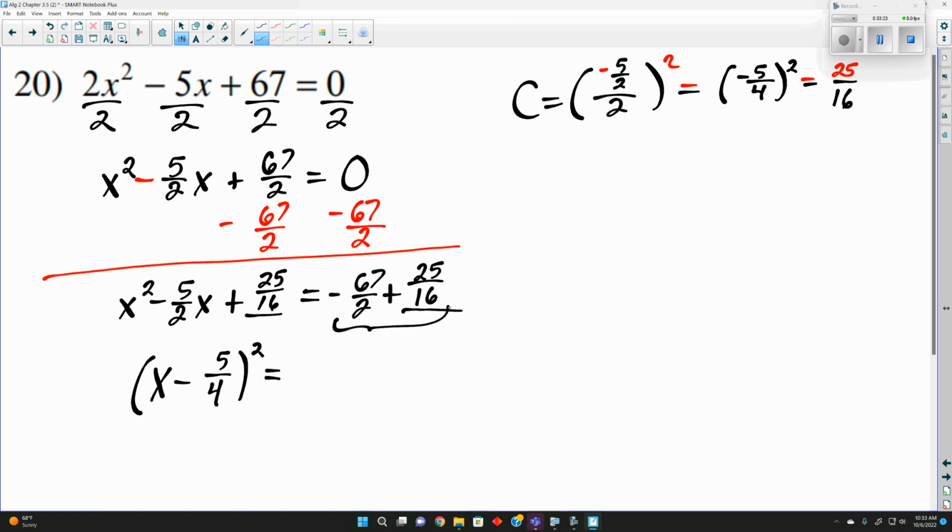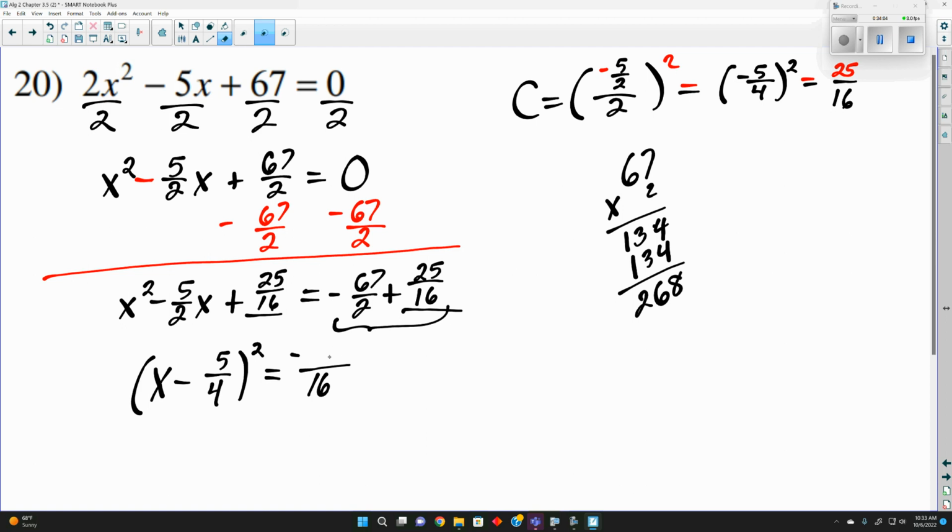Type it into the calculator and let the calculator do it for us, because we're going to end up with 16. Go on and double check me on that. 511 over 16.